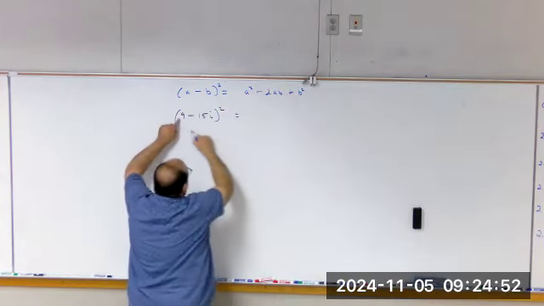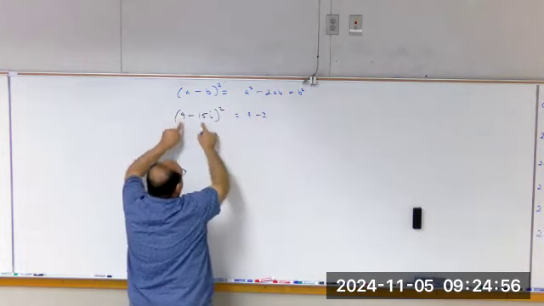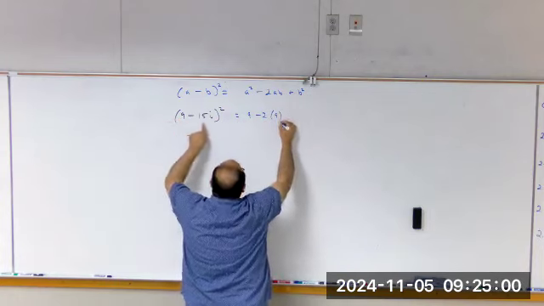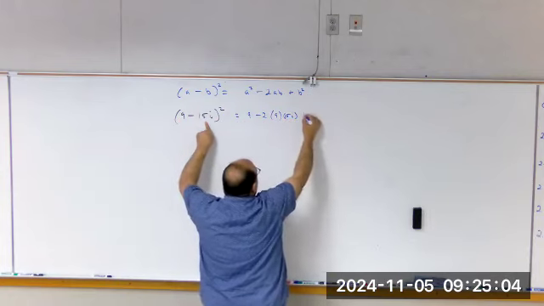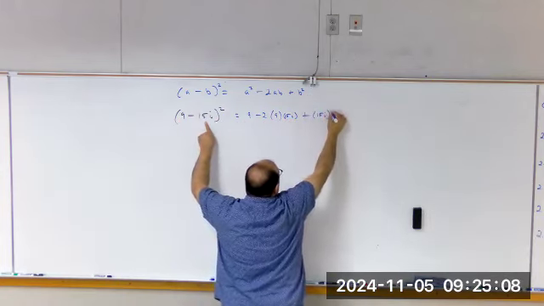So the first one squared would be 9 squared, minus 2 times these two multiplied together, 9 times 15i, and then plus the parentheses 15i whole thing squared.